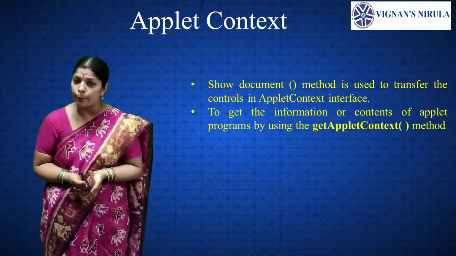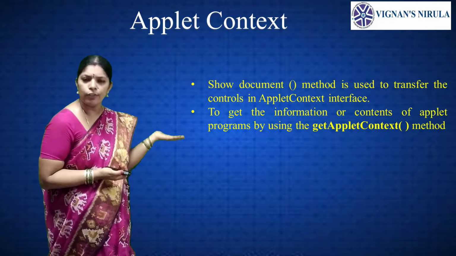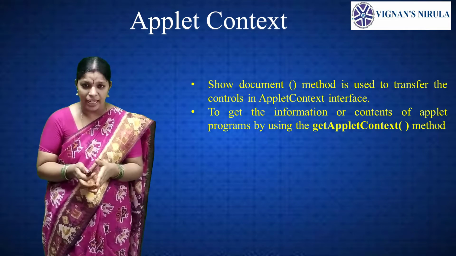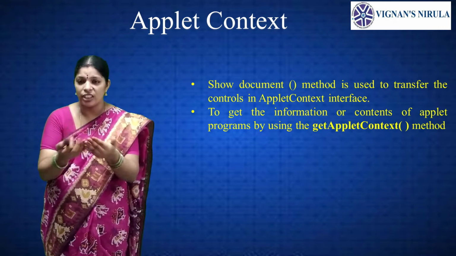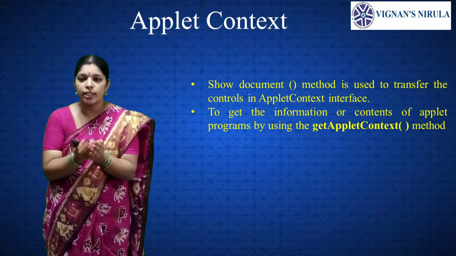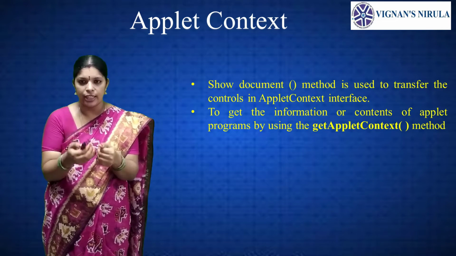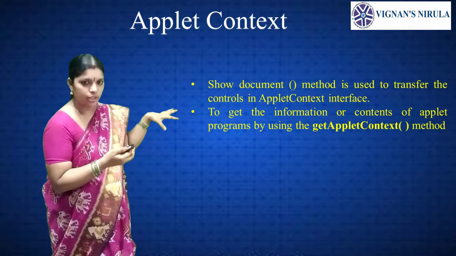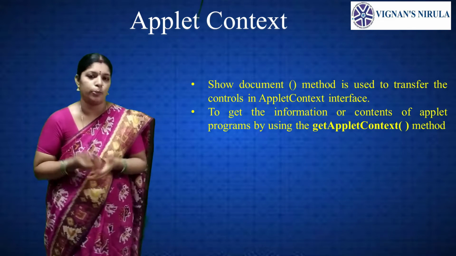Here we are using the getAppletContext method, which is defined by the applet. Once the content of the applet is obtained within an applet, another document is brought into view by using showDocument. So in an applet we have another applet, and we want to see the document of the other applet by using the showDocument method.